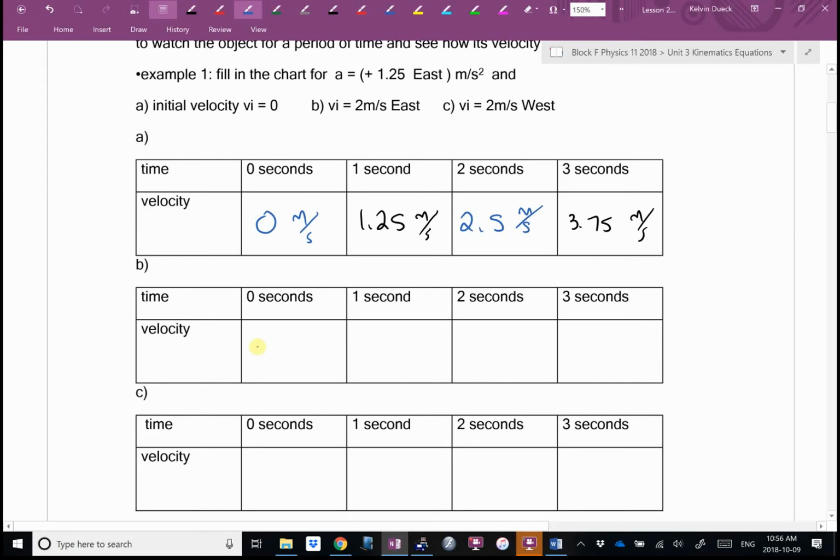Yeah, so I'm going to write positive 2 meters per second. So this time we didn't start out at rest, we started out moving. Whenever we clicked our stopwatch, this car was already moving. They're accelerating at 1.25 meters per second east. So after 1 second, how fast are they going now? Can you do the math in your head?